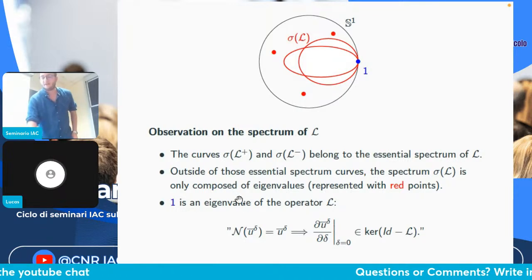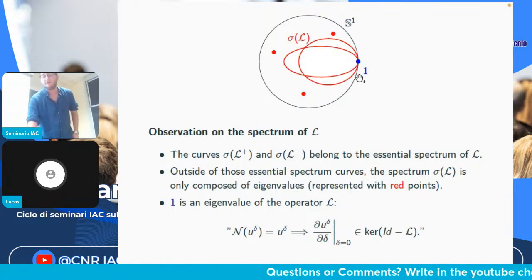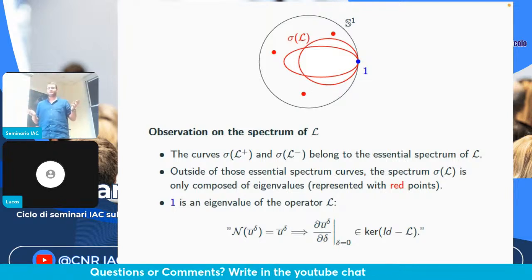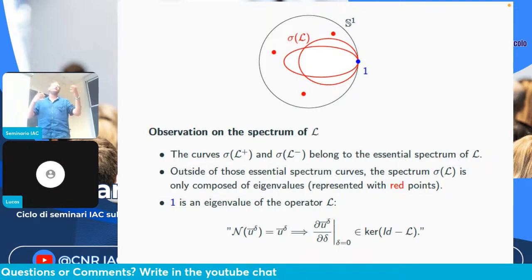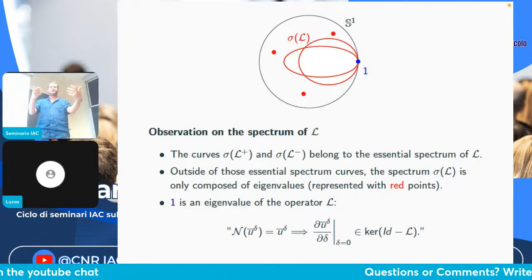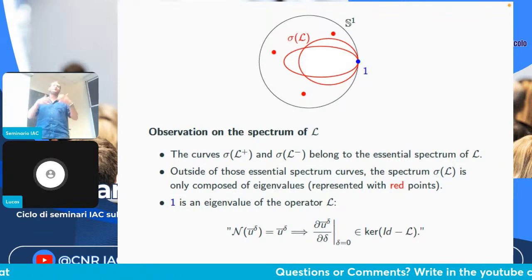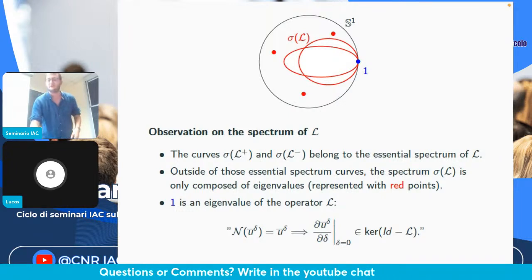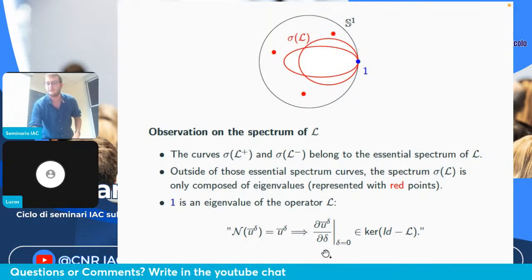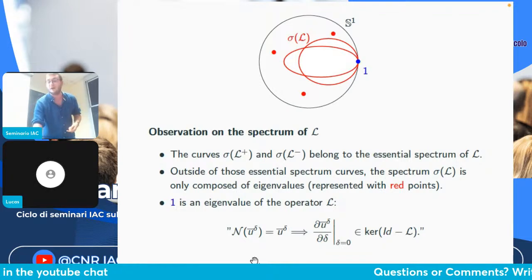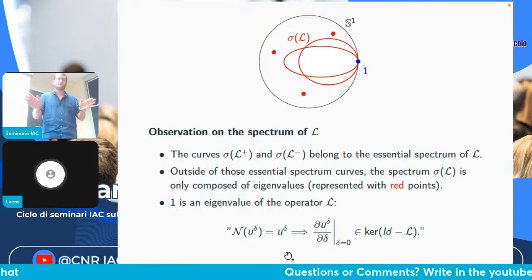And the last thing is that 1 will be an eigenvalue of the operator. So coming back to the comment of Roberto, the way you can think about it is that, if you were to think in continuous settings, this is equivalent to invariance by translation. Essentially, the derivative of the discrete shock profile is a fixed point of the linearization because of this equality. This is just formal.